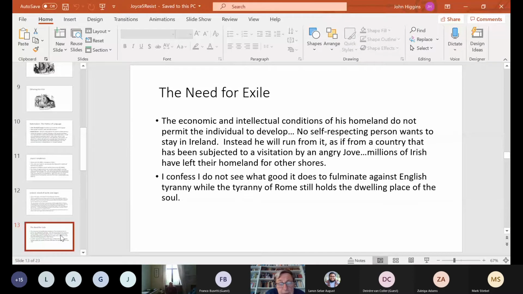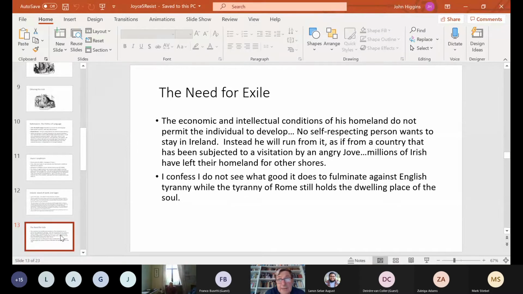He writes of colonial dependency and underdevelopment. He writes of how the economic and intellectual conditions of his homeland do not permit the individual to develop. No self-respecting person wants to stay in Ireland. Instead, he will run from it, as if from a country that has been subjected to a visitation by an angry Jove. That is why millions of Irish have left their homelands for other shores.